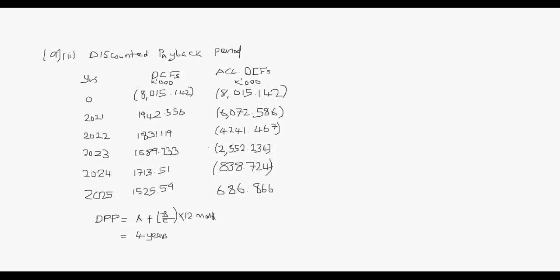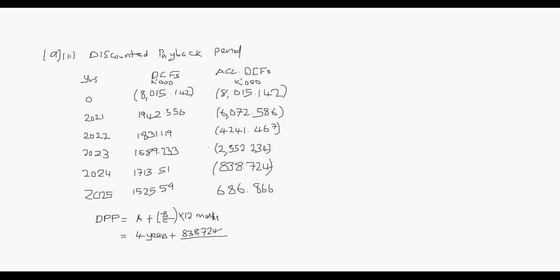So negative B stands for the last accumulated cash flow, which is negative, with 838.724.